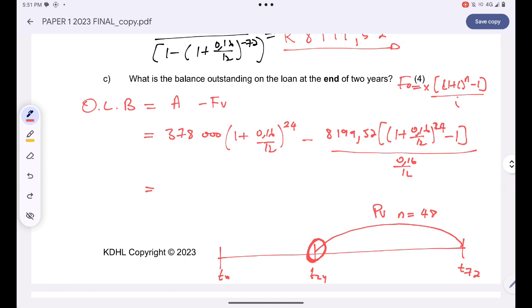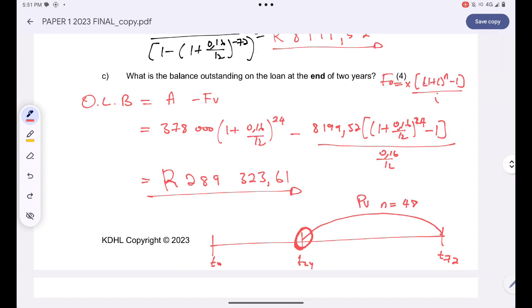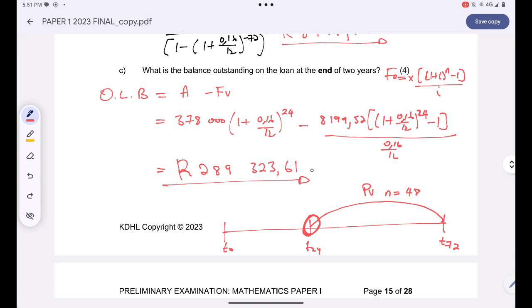So this will simply give me 289,323 rands 61 cents. This is my outstanding loan balance, guys. After 2 years, the amount of the loan which is outstanding is that amount.